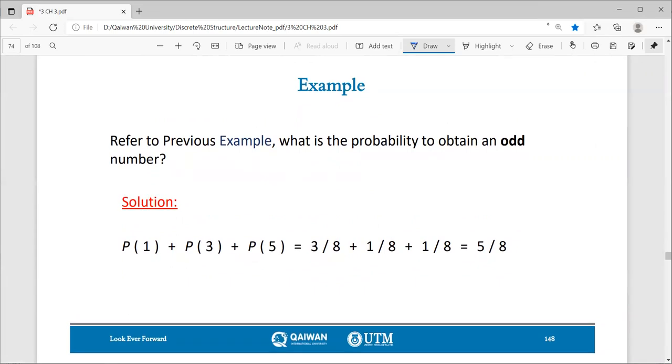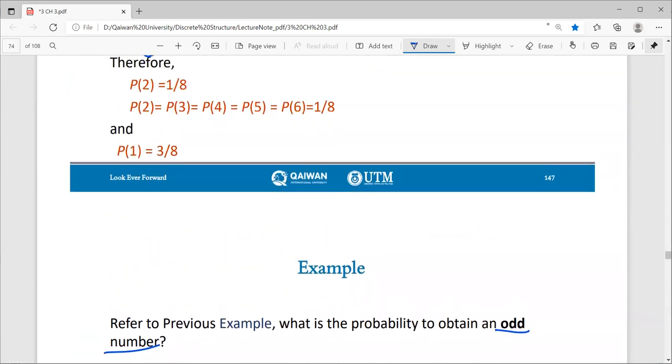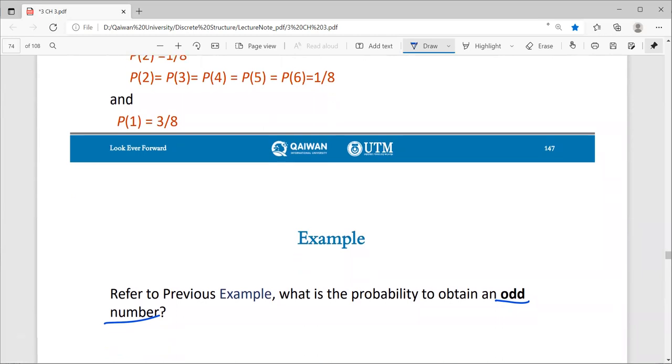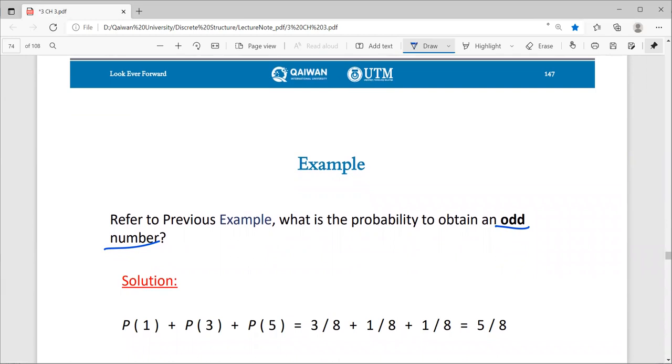Refer to the previous example. What's the probability to obtain an odd number? What are the odd numbers from 1 to 6? 1, 3, and 5. So the probability of an odd number is the probability of 1 plus probability of 3 plus probability of 5.